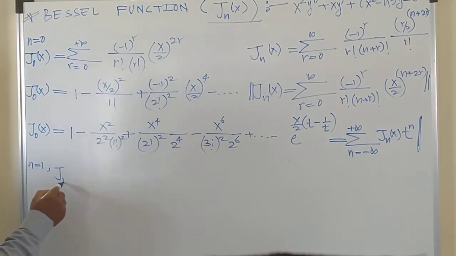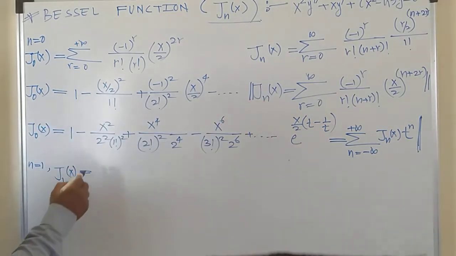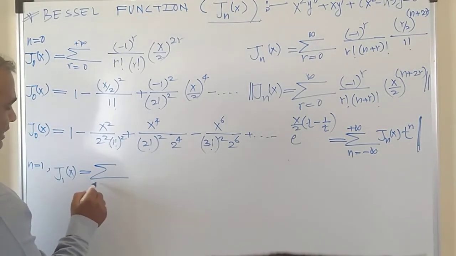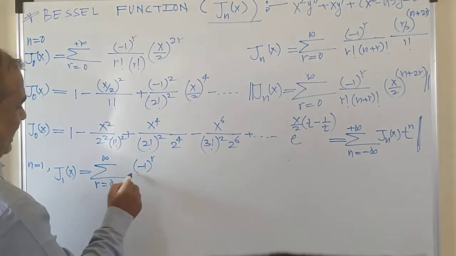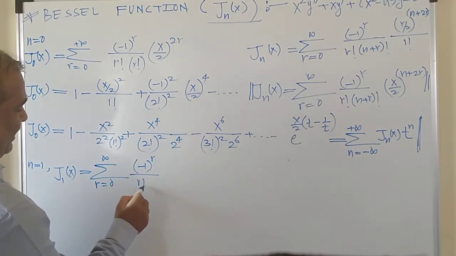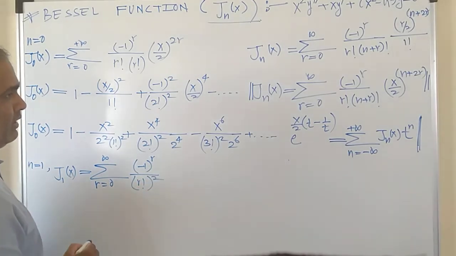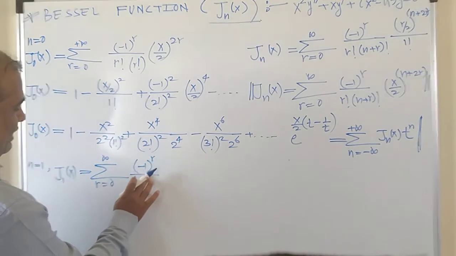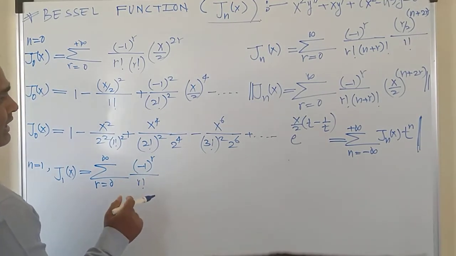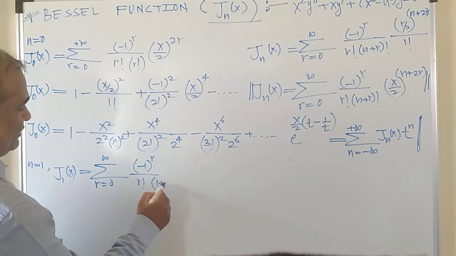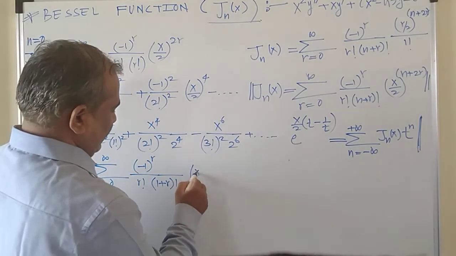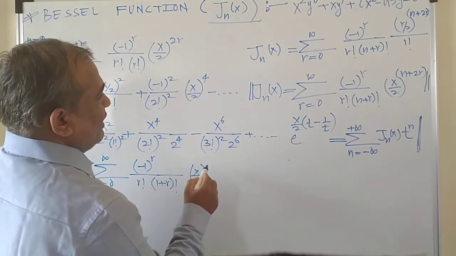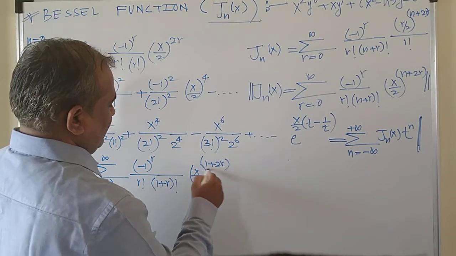If you put n equals 1, you will get J1 of x equals summation, r running from 0 to infinity, minus 1 raised to r divided by r factorial into 1 plus r factorial, because we are putting n equals 1, and into x by 2 raised to power 1 plus 2r, right?